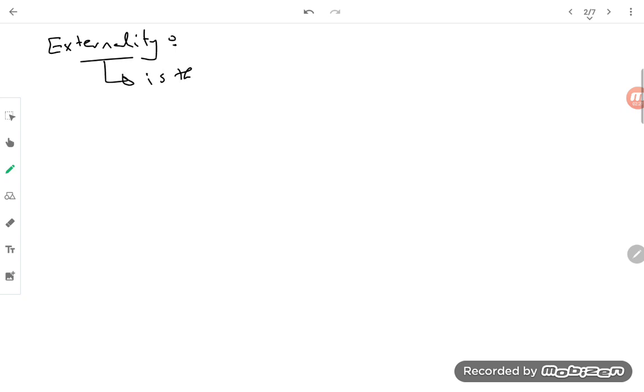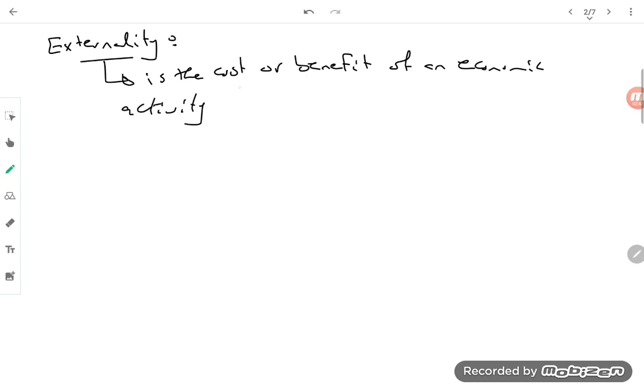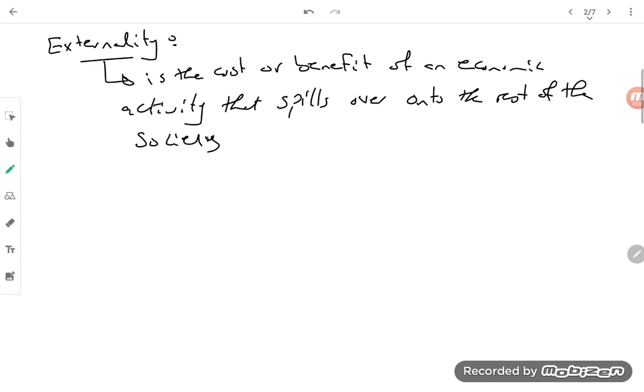Externality is the cost or benefit of an economic activity that spills over onto the rest of the society. So we can define it as cost or benefit to a third party other than the seller or the buyer of the commodity.